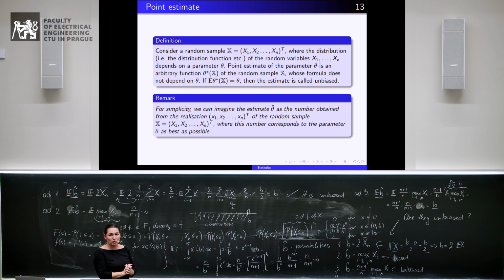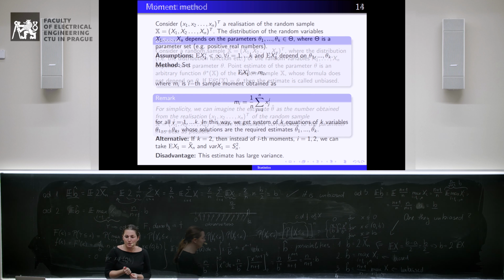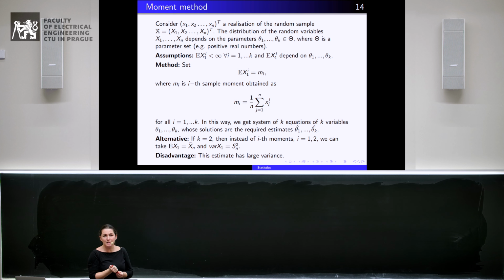There are some methods which give you directly the approach how you can find the parameters. So the first method which I will show you is the so-called moment method. And the moment method works as you can see on the slide.